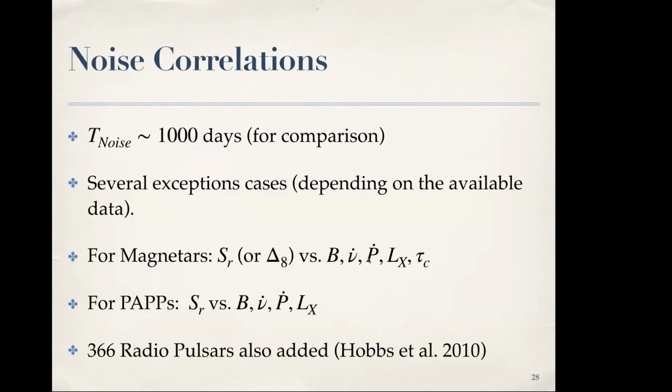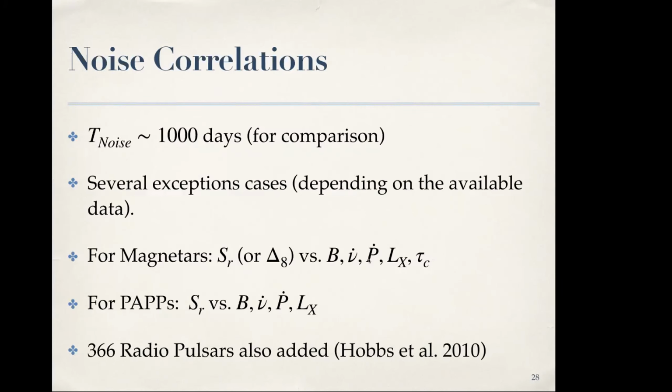And the idea is to understand the physical mechanism that produces the fluctuations observed in spin frequency evolutions of pulsars. In order to make a meaningful comparison for timing noise strength amplitudes on different sources, they should be examined in a similar time scale because, as I said, measuring the timing noise strength of a source is time span dependent.